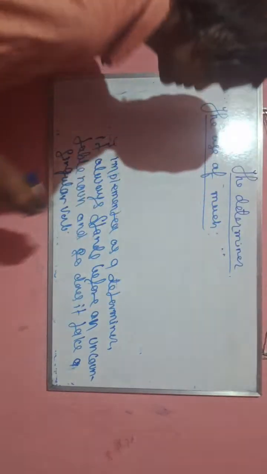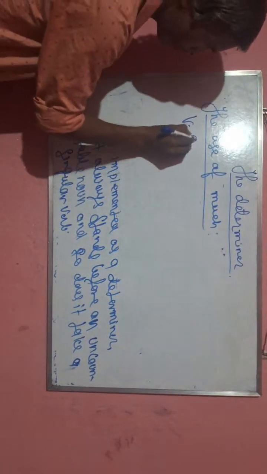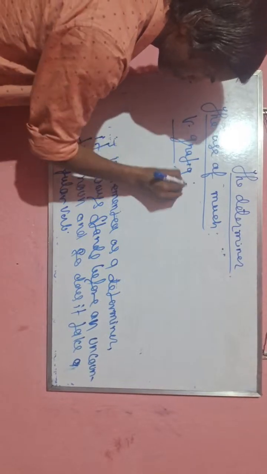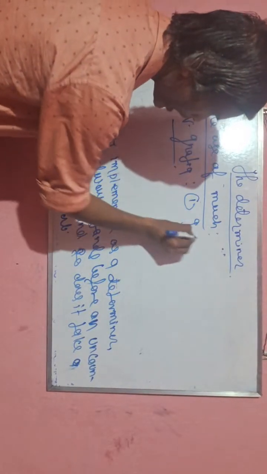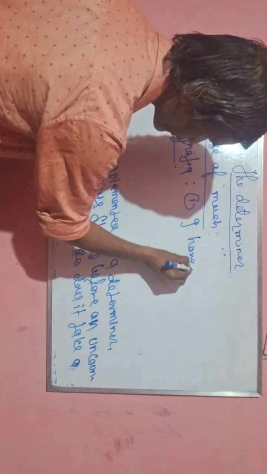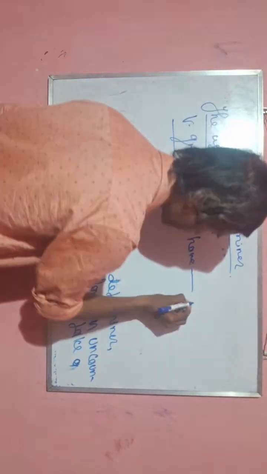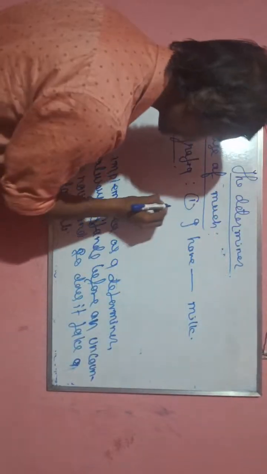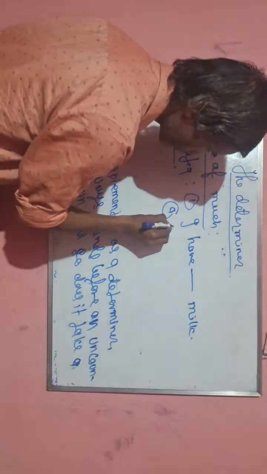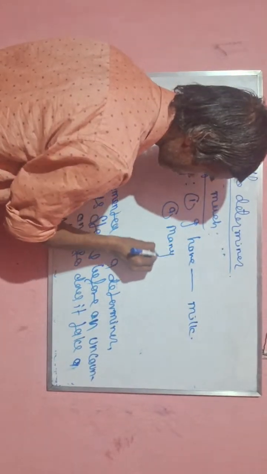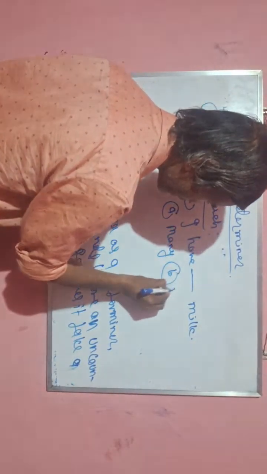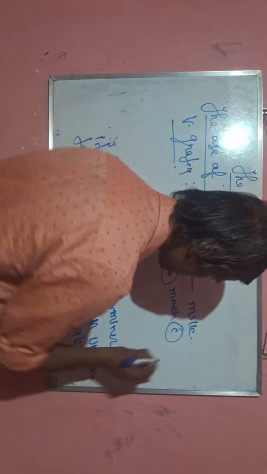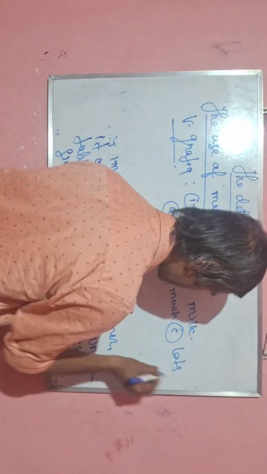Now see here. Number one, I have dash milk. Option A, many. Option B, much. Option C, lots.